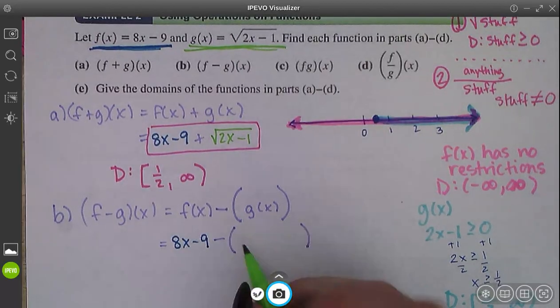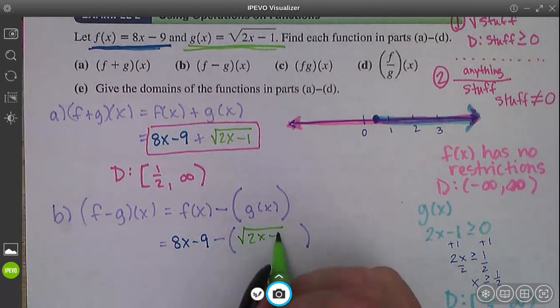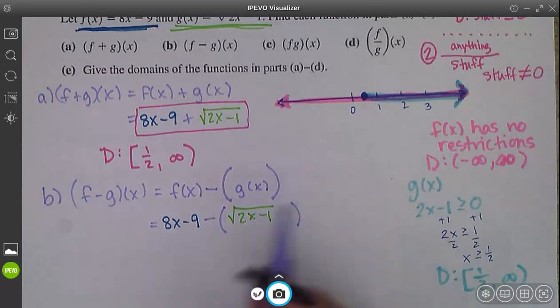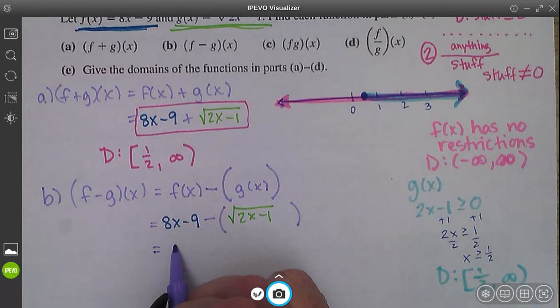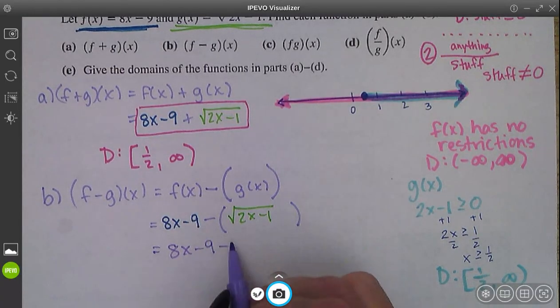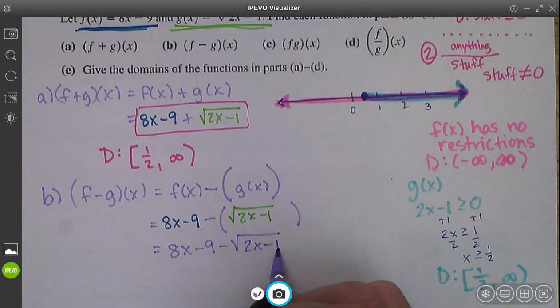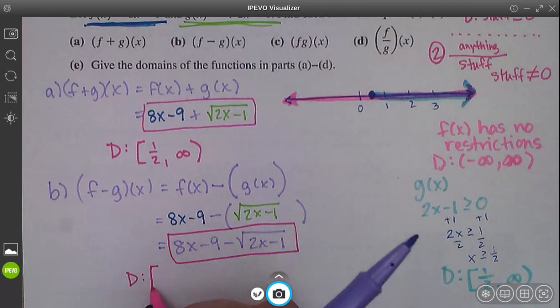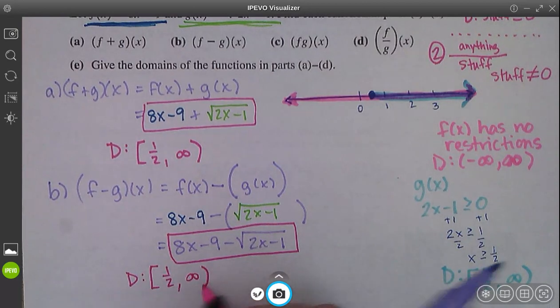G of x was square root of 2x minus 1. There's no way for me to distribute that subtraction into that square root. So this is going to end up just being 8x minus 9 minus square root of 2x minus 1. I can't simplify anything else, so that is just my answer to f minus g of x. And the domain is the same as the first one, 1/2 to infinity.